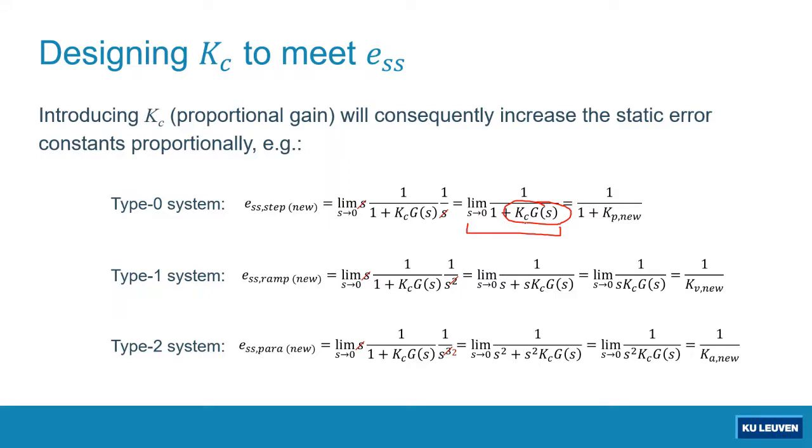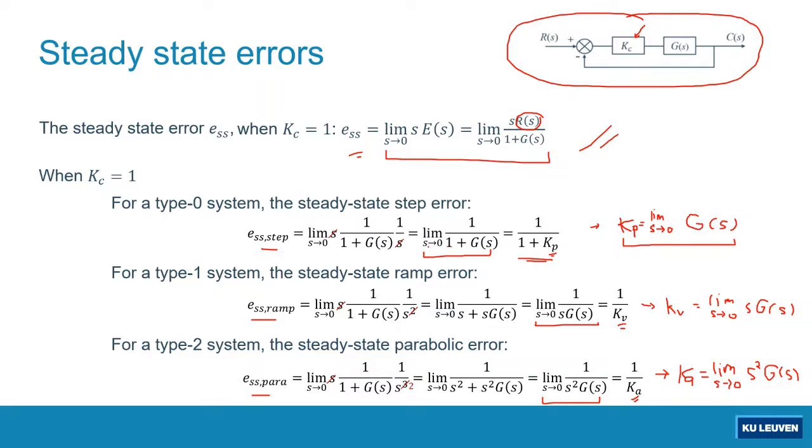While in the previous case, before I tuned the proportional gain, Kc is equal to 1. So in the previous case, the steady state error to the step input is equal to limit s to 0 of 1 over 1 plus G(s), because at that moment the open loop transfer function is just simply equal to G(s) when Kc is still equal to 1.